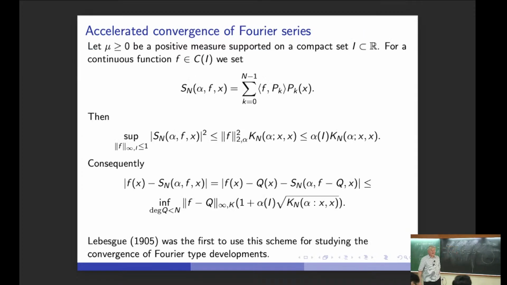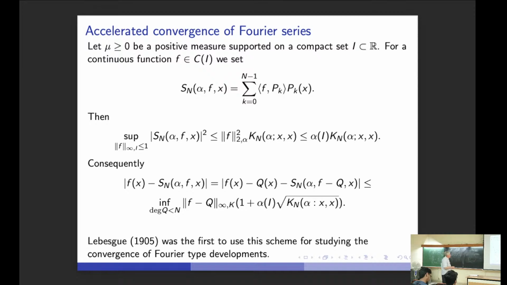Lebesgue already knew the power of the Christoffel function, namely he was studying the convergence of Fourier type series. Now the development is with respect to orthogonal polynomials. You see this simple observation, going back to the Mémoire and Annales de Toulouse of Henri Lebesgue.